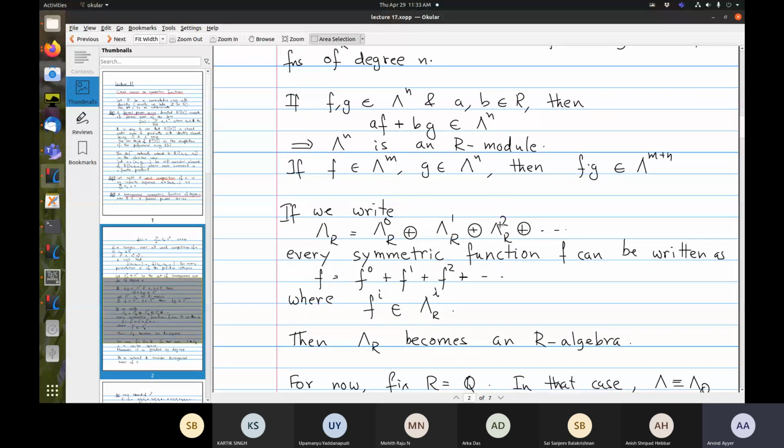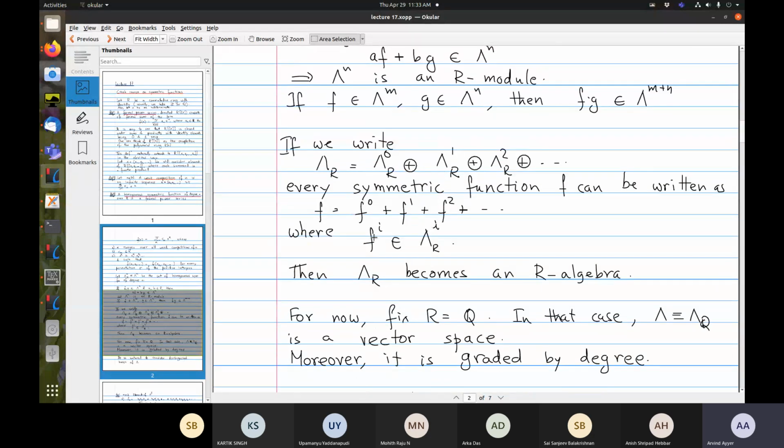As I said, we are free in general to choose coefficients from a commutative ring, but we will focus on the rational numbers just because of convenience.